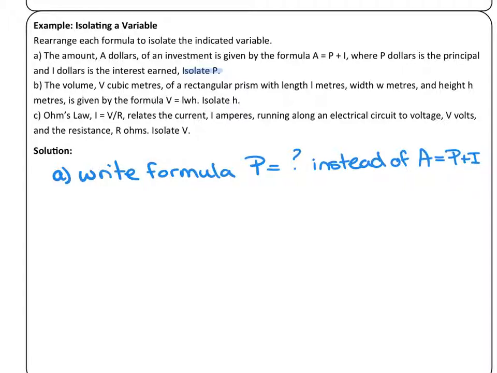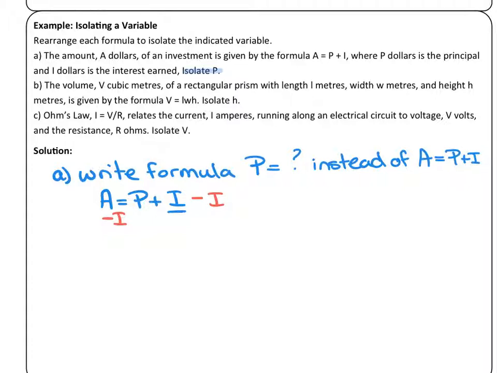With this one, we have A equals P plus I. If I want to move that I, what I'm going to do to it is subtract it so that it's no longer on this side. If I subtract it from one side, I need to subtract it from the other side as well. So you have to do it to both sides.